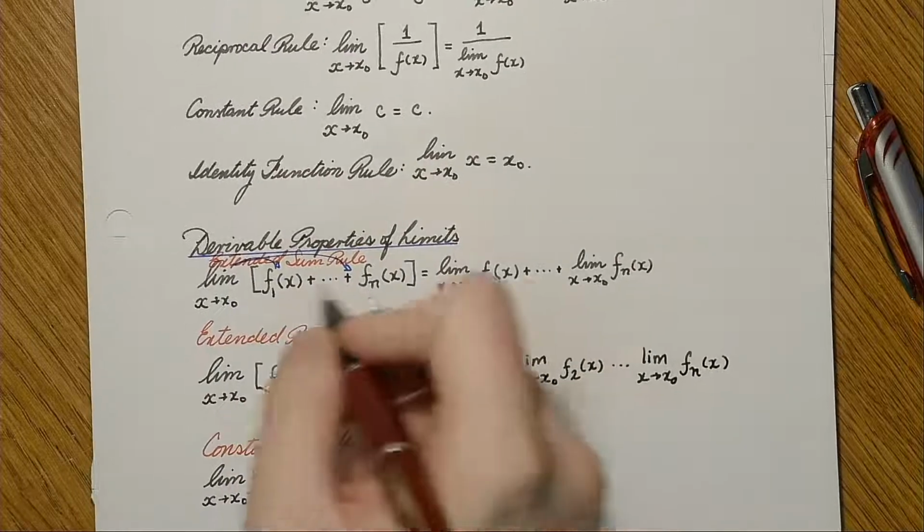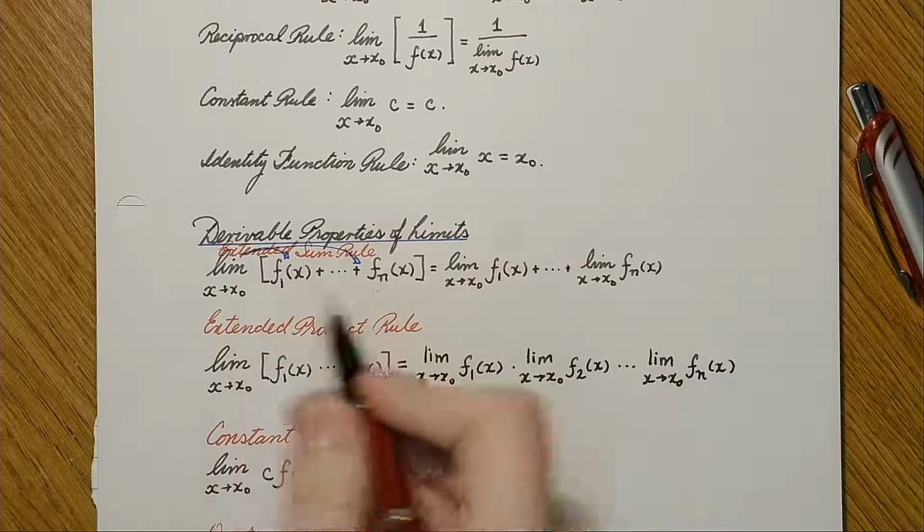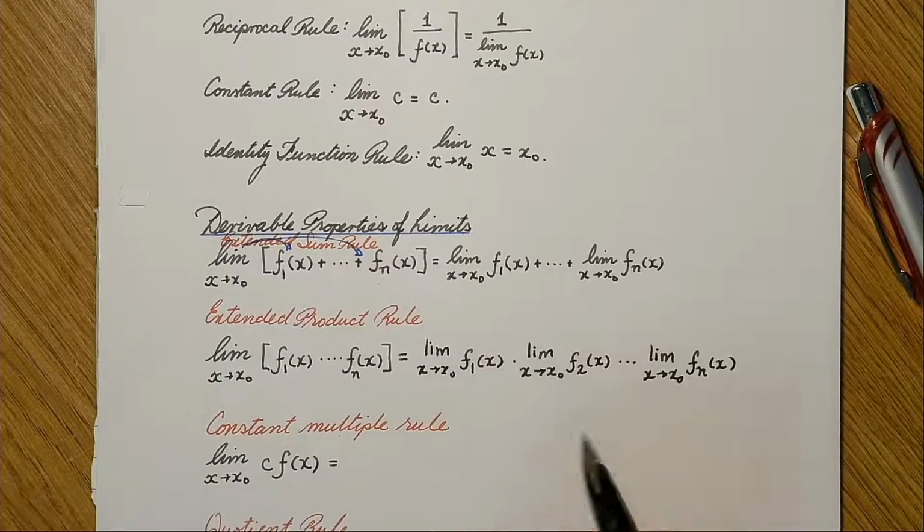And the way that we would get these is just repeated application of the sum rule to get the extended rule, repeated application of the product rule to get the extended rule.